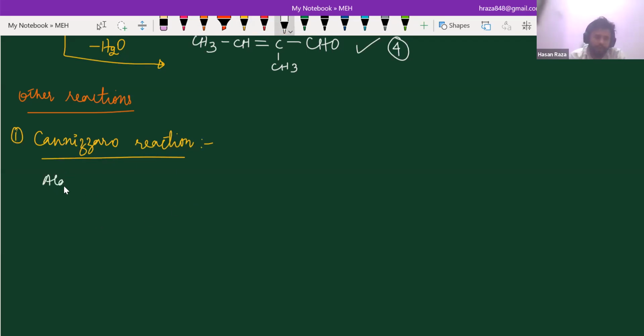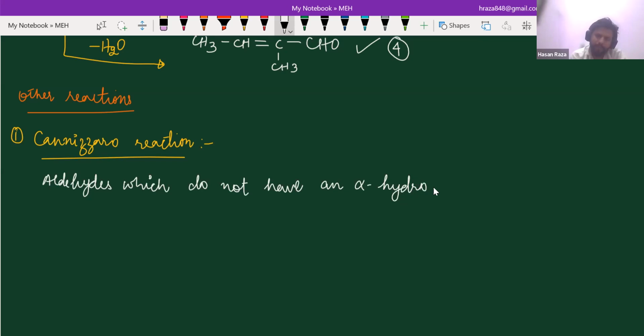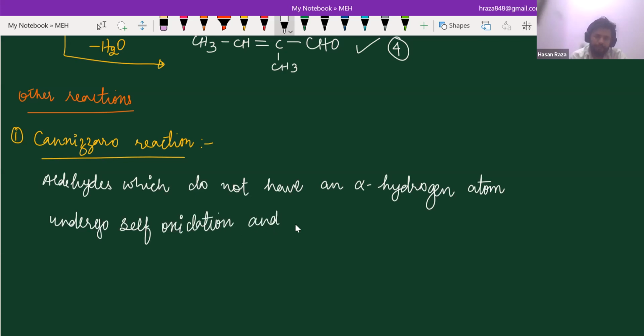So I'm going to write a point, write with me: aldehydes which do not have an alpha hydrogen atom undergo self-oxidation and reduction.